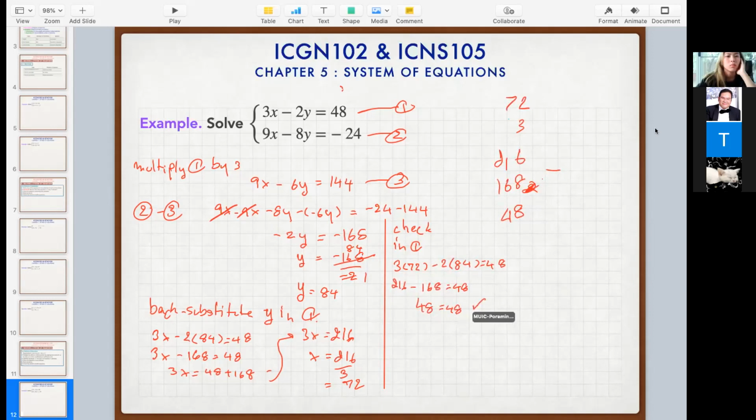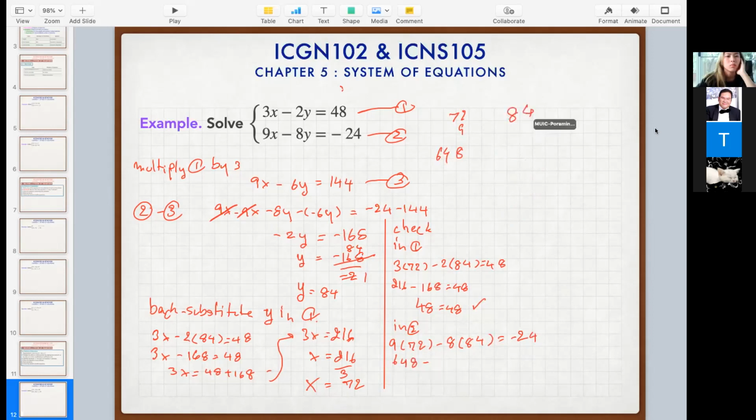Yes, it is correct. In equation number 2, 9 times 72 minus 8 times 84 equals negative 24 or not. 648 minus 672 equals negative 24. That is correct too.